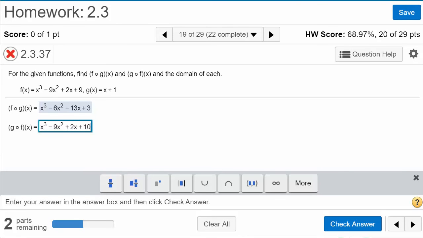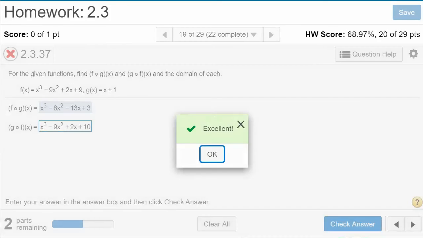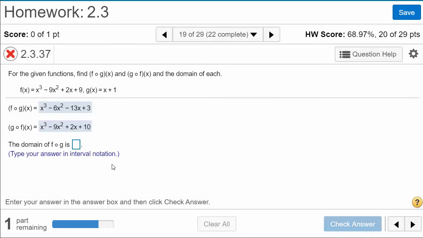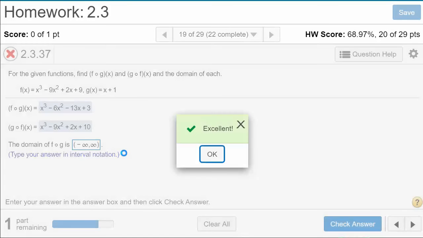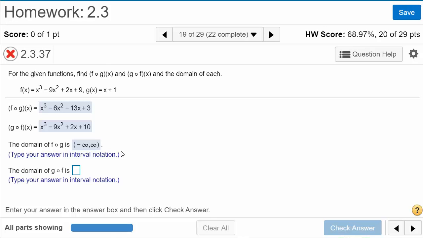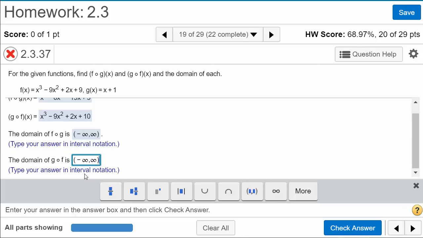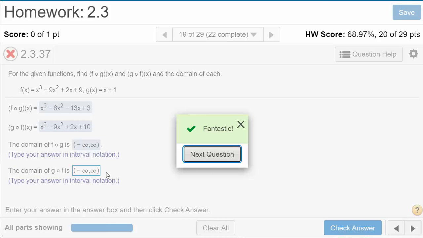That one was a lot easier, that direction. Okay, and then our domain, I said it was all real numbers for both. And there we go.